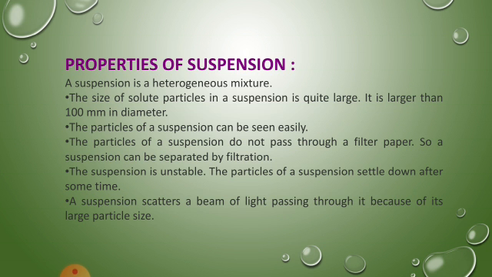The suspension is unstable. The particles of a suspension settle down after some time. A suspension scatters a beam of light passing through it because of its large particle size. Okay, so these are the properties of suspension.